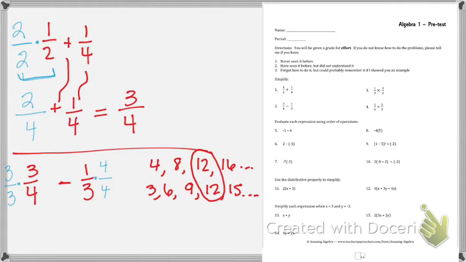We're getting 2 new fractions. 3 times 3 is 9. 3 times 4 is 12. Bring down our subtraction sign. 1 times 4 is 4. 3 times 4 is 12. Now that we have a common denominator, we can subtract the top. 9 minus 4 is 5.